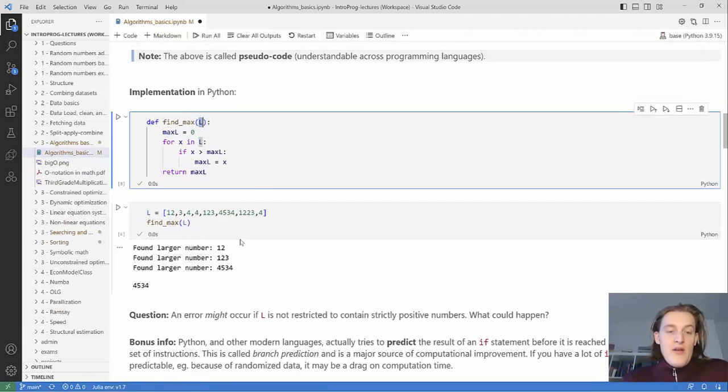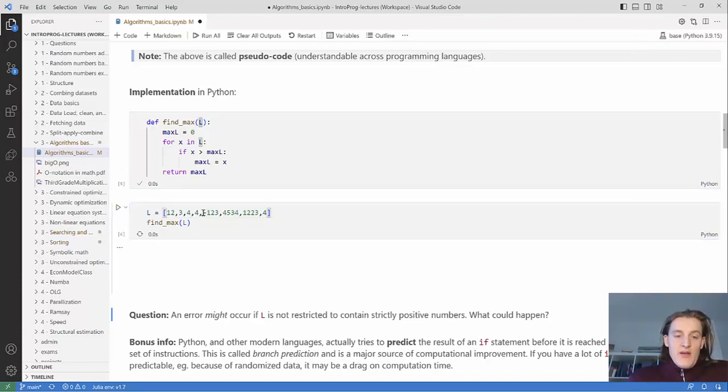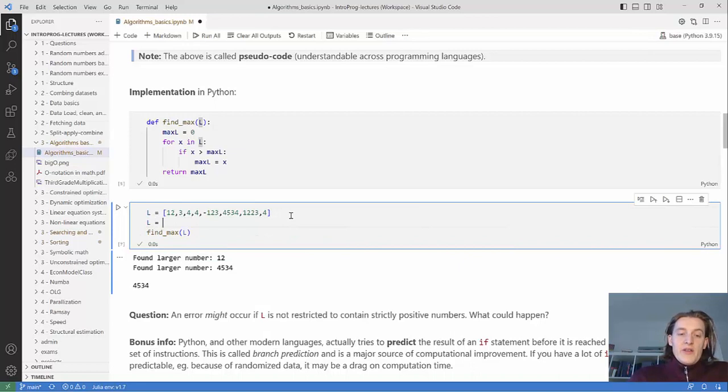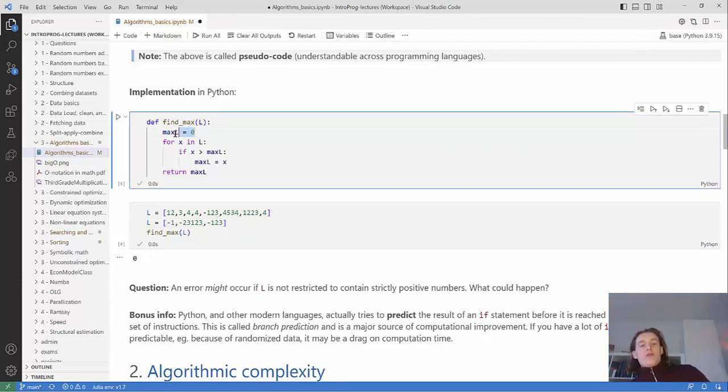So what would happen if L is negative? If there's only one negative number, then it doesn't matter. You're still gonna find the largest number in the list. But if L is only using negative numbers, then what's gonna happen is that this maxL, which started out as 0, just keeps being 0.